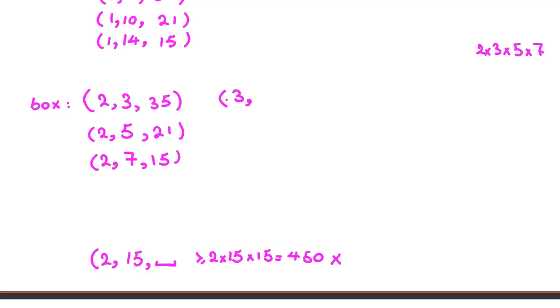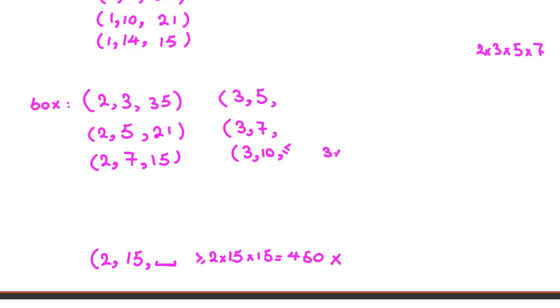Now if it starts with 3, the next one is greater than 3. So what should it be? 4 is not possible. 5, 3 5, or 3 6 is not possible because we have 3 here. Why do I say 3 6 is not possible? Because when you write 3 6, the product is a multiple of 9, but 210 has only one 3. 3 7, 8, 9, 10. 3 10: then it is 3 times 10, so the next one is at least 10.